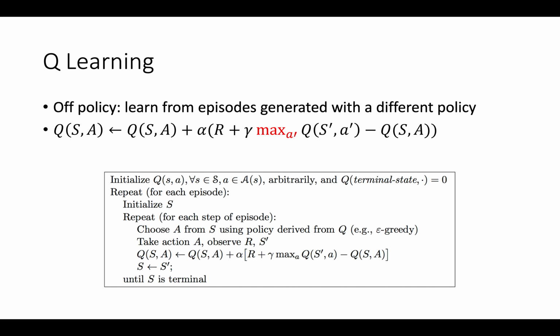If they make a mistake, we know not to replicate the mistake, and if they do something good, we know to emulate their actions. So the crucial difference between this and SARSA is we choose the max over A prime instead of the action that would be generated under that different policy. And this algorithm is called Q-learning.